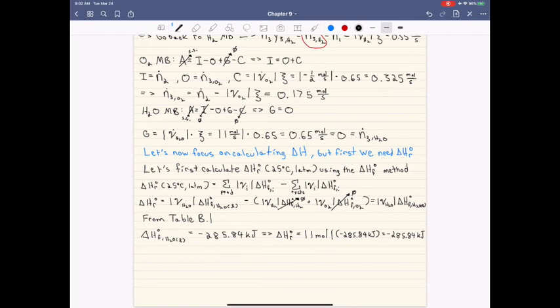All right. But what we have to remember is we're working with a continuous system here. So what we really want is not just the standard delta HR, but the standard delta HR dot. The formula for that was the standard delta HR times that bracketed term, which was the stoichiometric coefficient rate for water in the reaction divided by the stoichiometric coefficient.